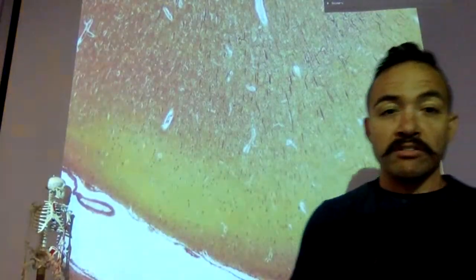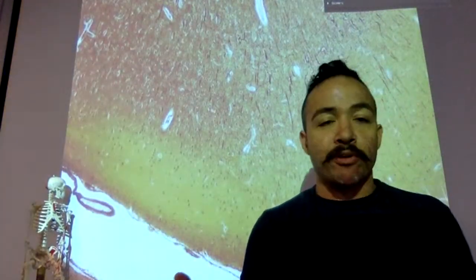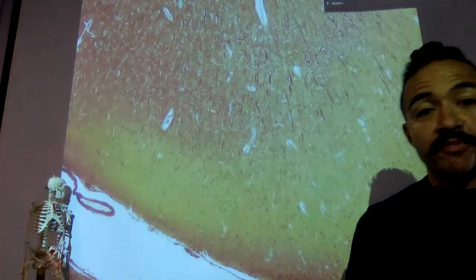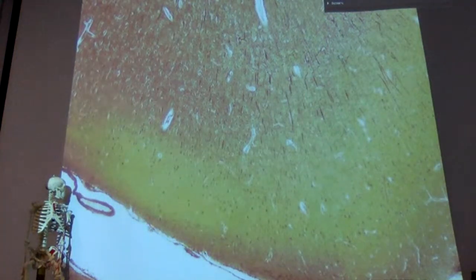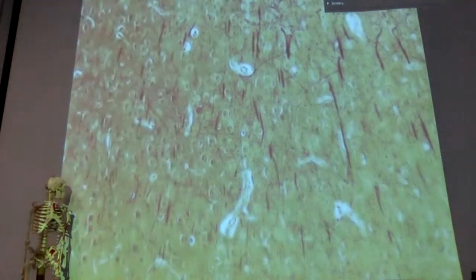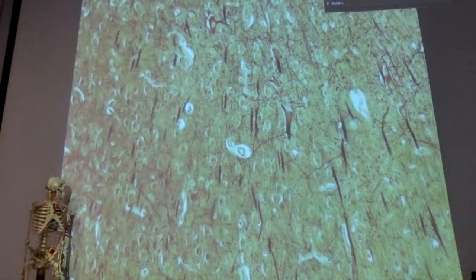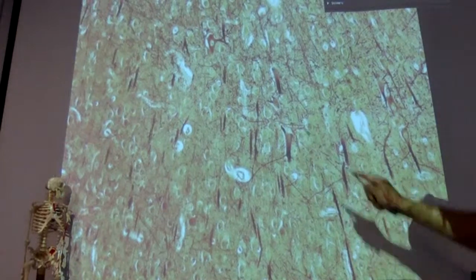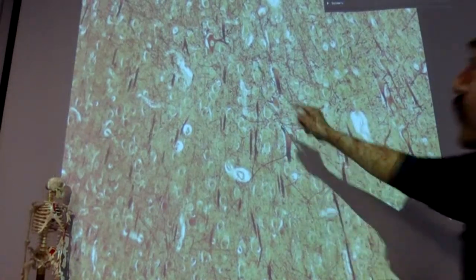When we look at gray matter in the cerebral cortex, we see a special shape of neuron. It is multipolar. It is found in the central nervous system. But this neuron has a specific name. Let's go closer so we can see its shape. Two great examples are this one.